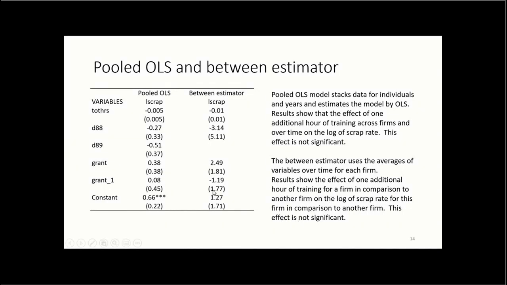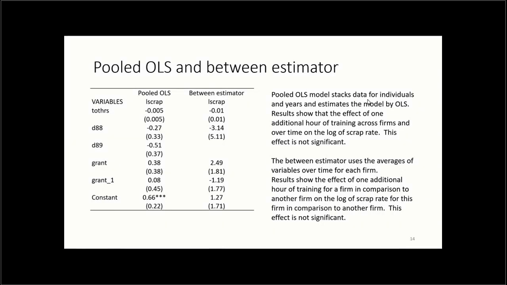So here we have the pooled OLS estimator. Here we have the between estimator. And these are the coefficients that we have here. So again, for the pooled OLS model, it would stack the data for individuals in each year, and it would estimate the model by OLS.